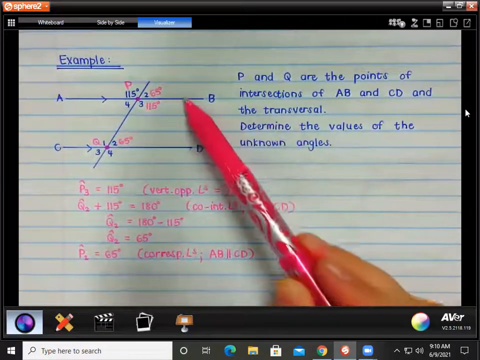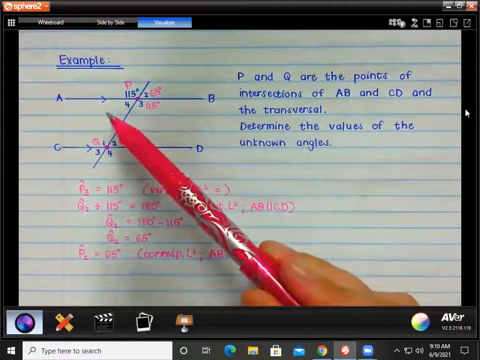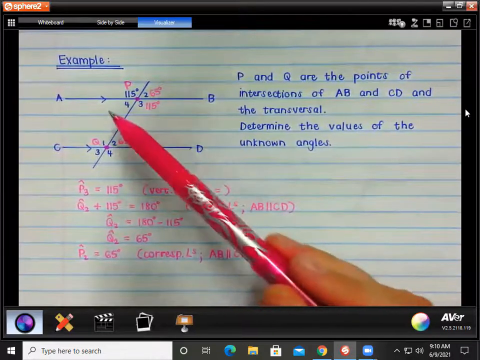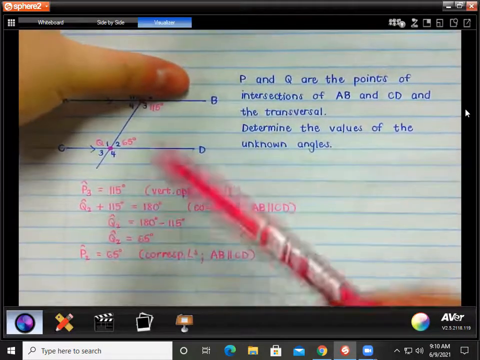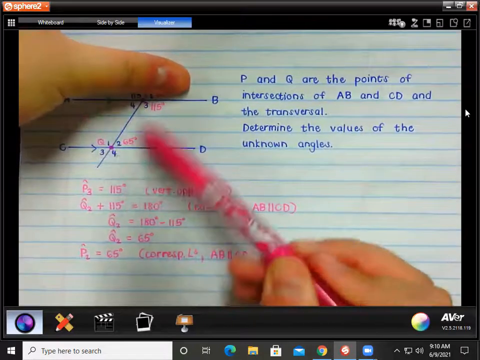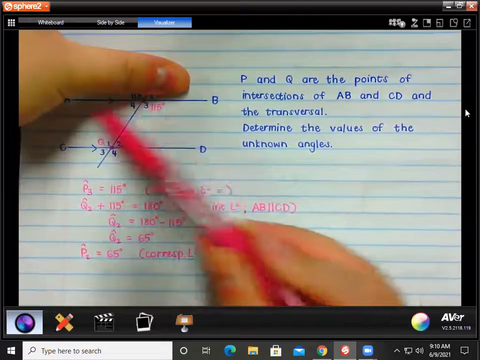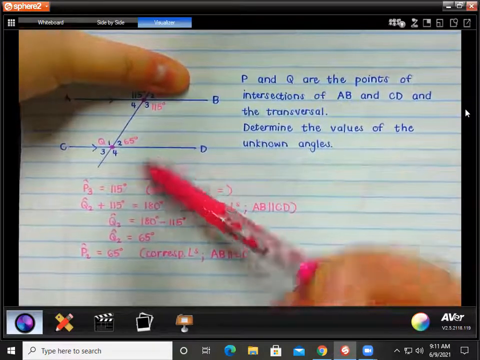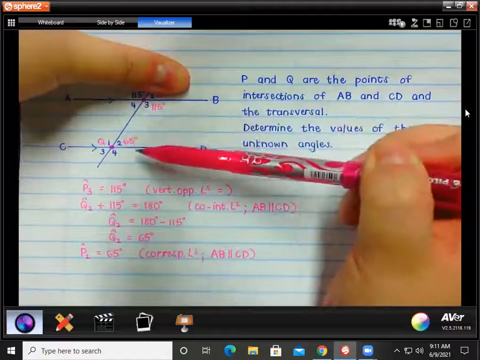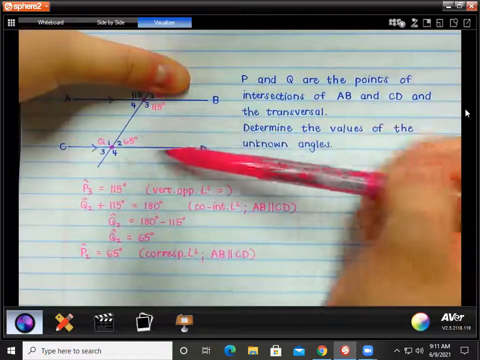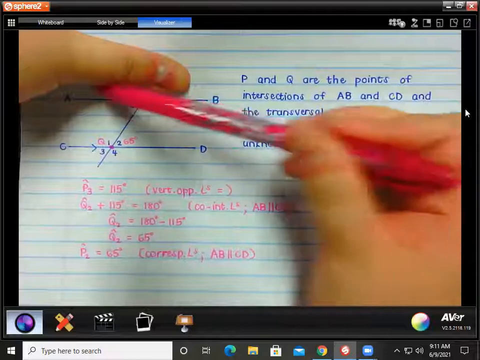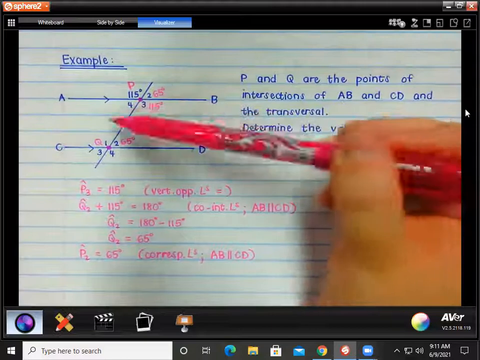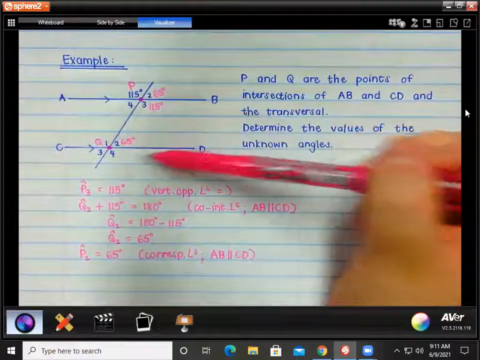Now if P2 is 65, what's P4? Also 65, because of vertically opposite angles. But even if we didn't have P2, don't we have a Z shape there? So we could use alternate angles as well. Because P4 and Q2 lie between parallel lines, they would also be equal. So you could use vertically opposite angles if you're using P2, or alternate angles.